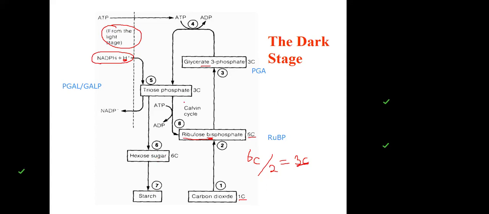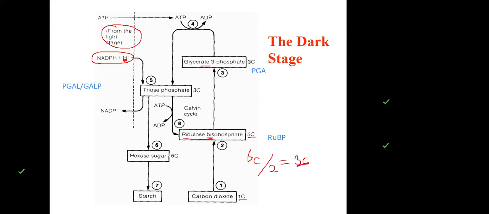Okay, and for the majority of the TP, it is converted into ribulose bisphosphate so that the cycle can continue. Because if we do not form more ribulose bisphosphate, the one that is available will soon be used up, and then there will be no more ribulose bisphosphate to accept the carbon dioxide that is diffusing inside. So that is how this was designed.